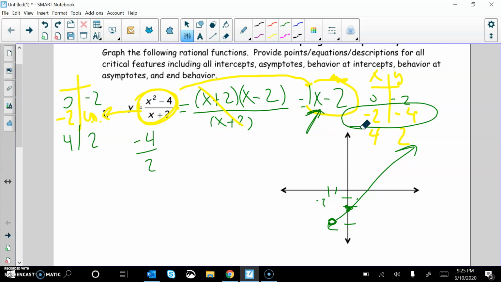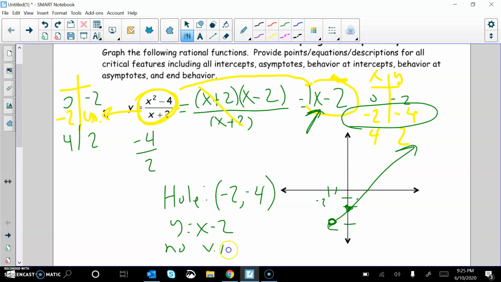It's at negative 4. So this function has a hole at the point negative 2, negative 4. Everywhere else, you're just graphing this linear function. Because of that, there are no vertical asymptotes and no horizontal asymptotes. We'll see something about oblique or skewed in a bit.